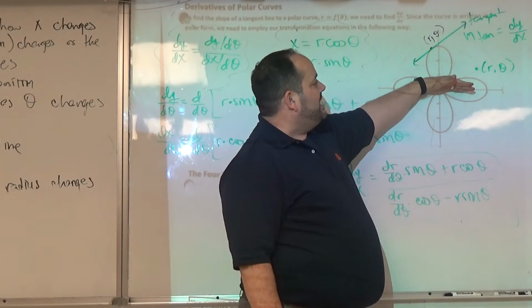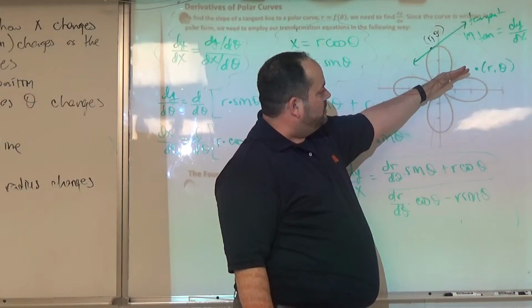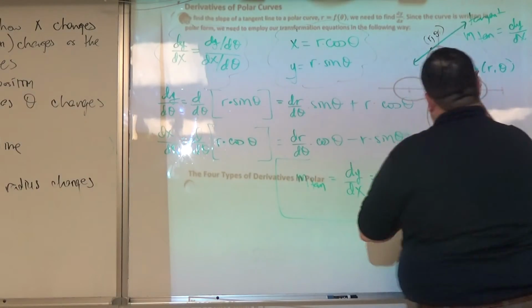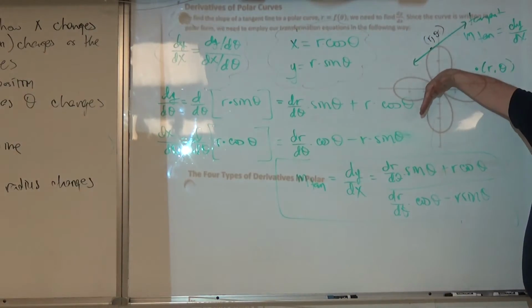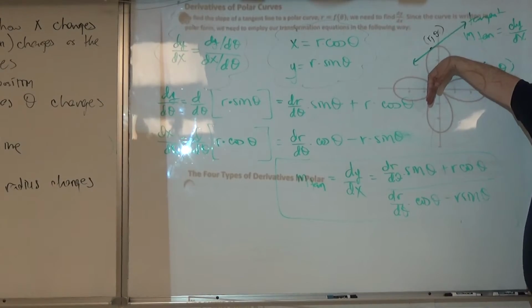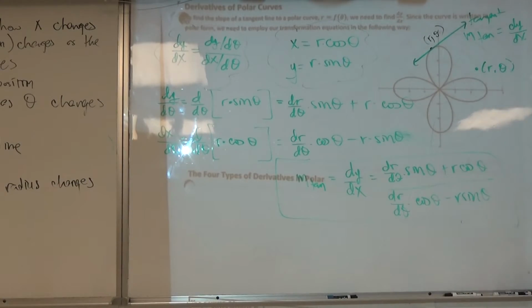But if the radius is negative, meaning I'm pointing here, and dr d theta is positive, what's happening is the radius becomes less negative as you're moving. Really tough, tricky stuff. And you guys are doing just fine for like 75 minutes in the world of polar.